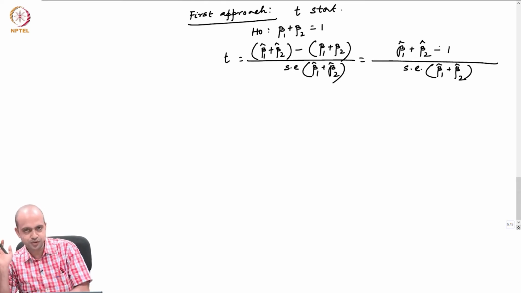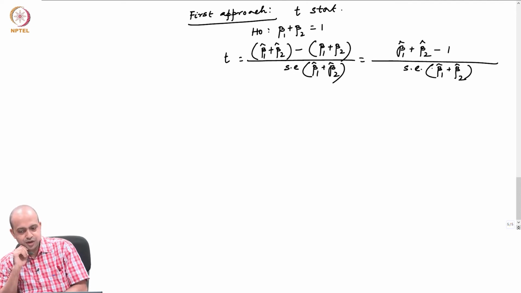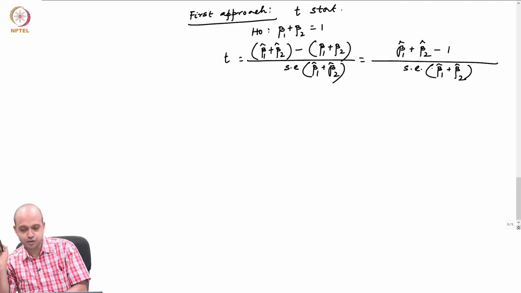But here this is different. It is beta 1 hat plus beta 2 hat minus 1, because we are hypothesizing the value of the true population parameter is 1. And the population parameter here is beta 1 plus beta 2.